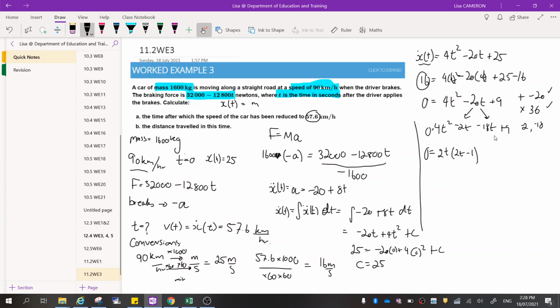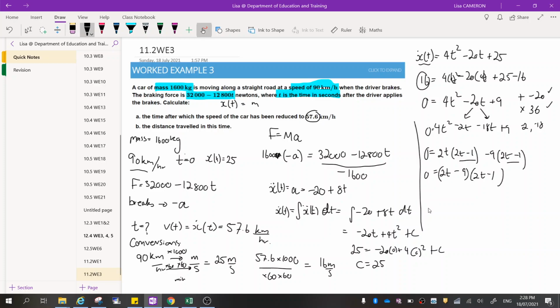Now for my next one, I can factorize out negative 9. So when I factorize negative 9 out, I'm left with 2t minus 1. Make sure that this bracket matches that bracket, and then that's how you know that you factorize correctly. That means that my first bracket is 2t minus 9, and my other bracket is 2t minus 1.